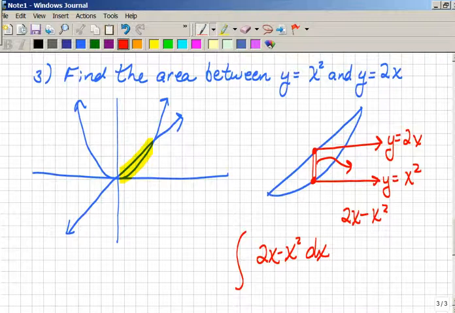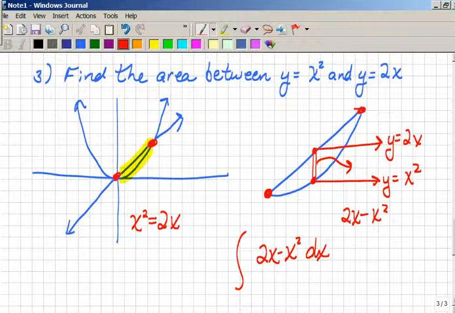Between what x coordinates? Well, it's from the left end point to the right end point, but what are those points? Well, in general, in order to find out those points, all you have to do is take the two equations, x squared being one equation, 2x being the other equation, set them equal to each other to find the two points of intersection.